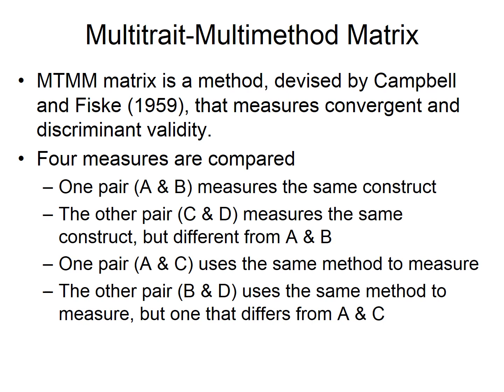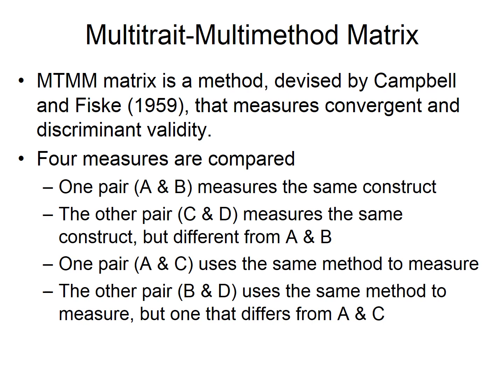Then, one pair uses the same method. So A for depression and C for anxiety are both self-report measures. The other pair uses the same method to measure, but one that differs from A and C. So B would be a clinical psychologist rating of depression, and D would be a clinical psychologist rating of anxiety.